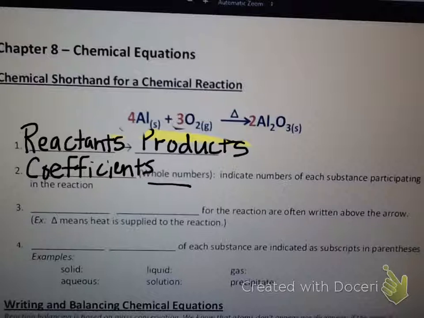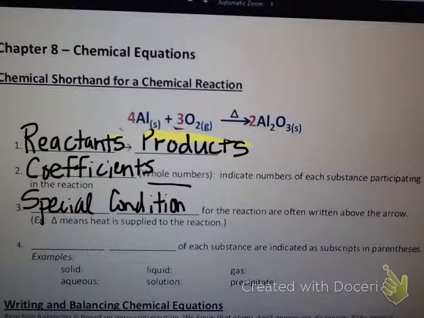The third thing about a chemical equation that we need to understand is the special conditions sometimes. And this is not always the case, but sometimes some reactions need special conditions in order to go. Like if you put the 2 reactants together, nothing would happen unless something else occurred.